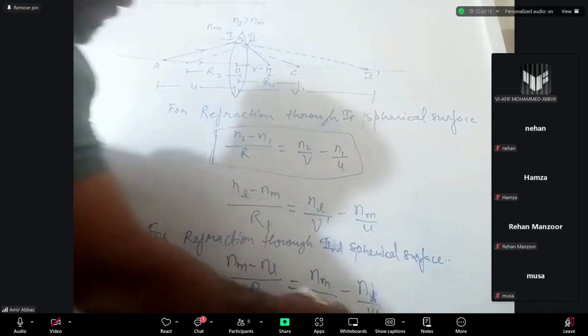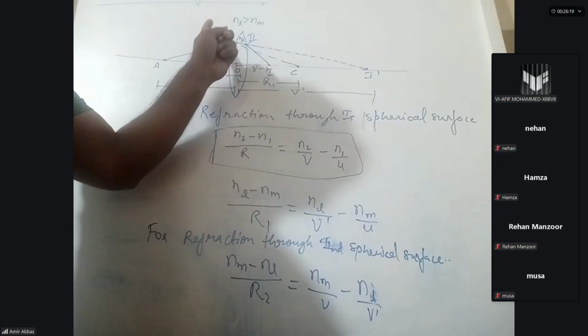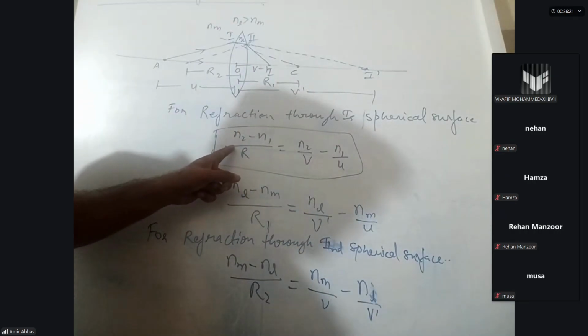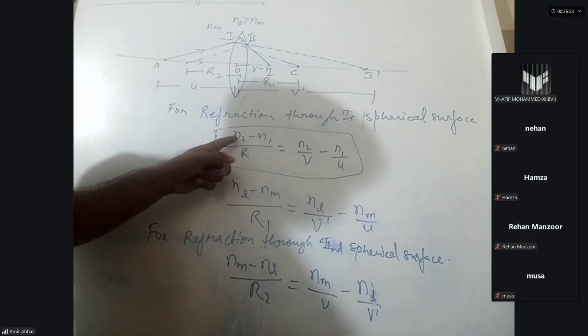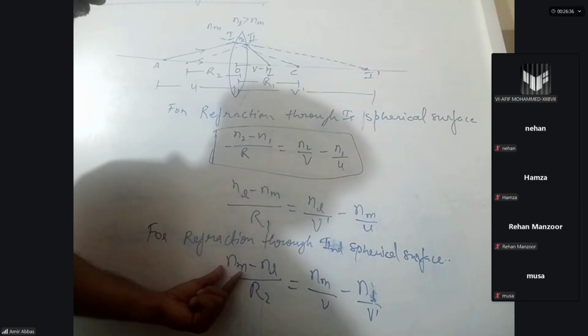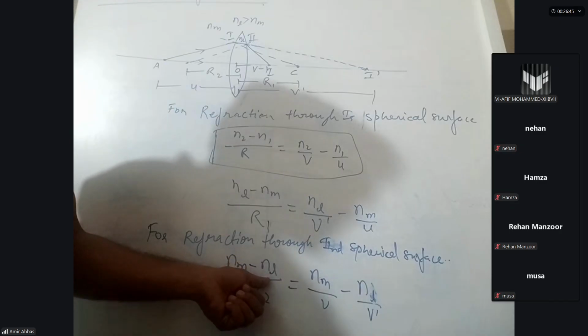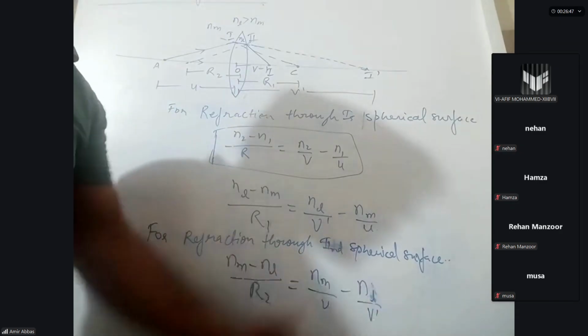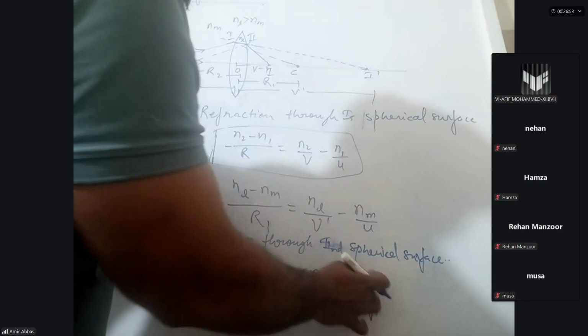We can write this where the light is going from lens to air. Here N2 is the refractive index of the second medium, where the refraction is occurring. It was the first medium for the first surface, meaning from where the light was coming. Similarly, here the light is coming from the lens, so this is our first medium and this is our second medium. So we have taken this formula accordingly. Have you got this, beta?